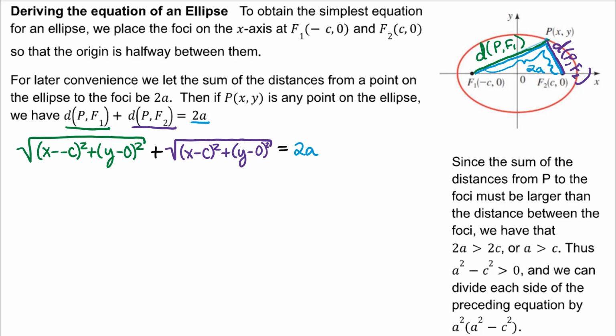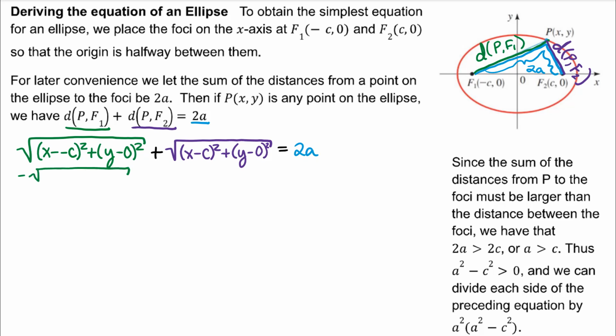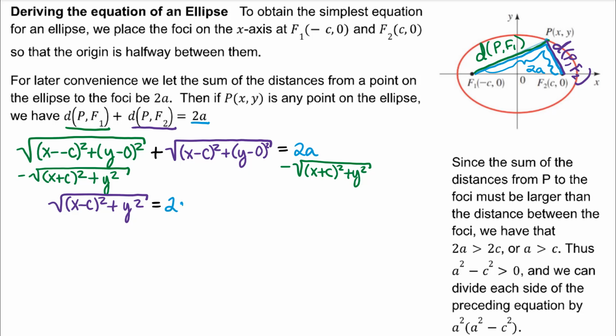To solve an equation with two radicals and another term, we must make sure the radicals are on opposite sides of the equation. Now square both sides and expand.